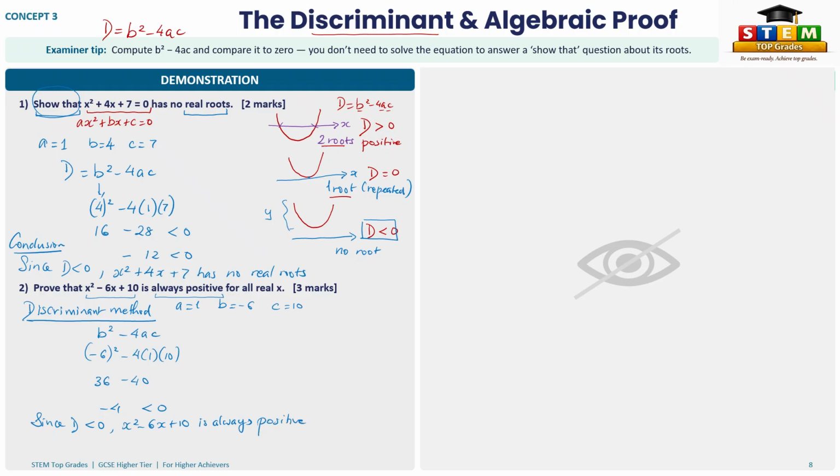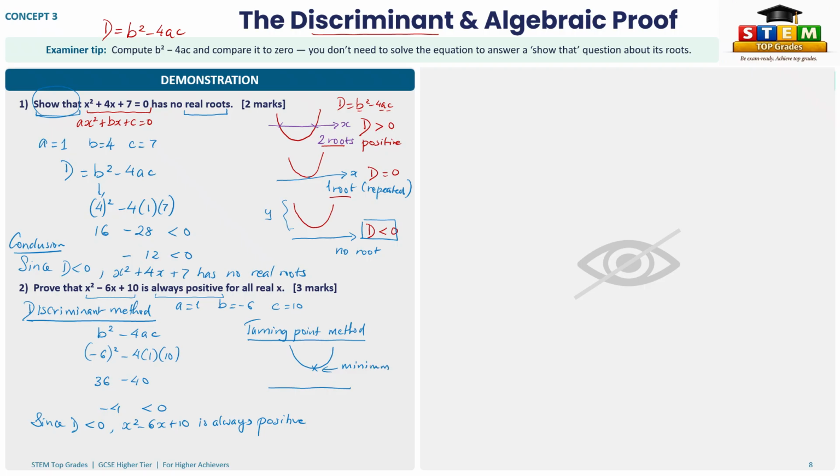Now the other method is the turning point method. If you are to prove this via the turning point method, which is not the case we're discussing, what you've got to do is work out the turning point using completing the square, to find where the minimum is.